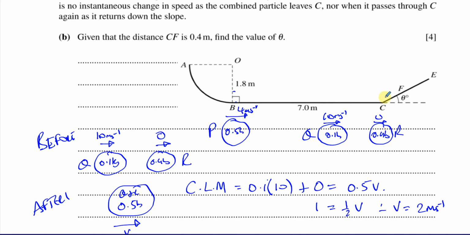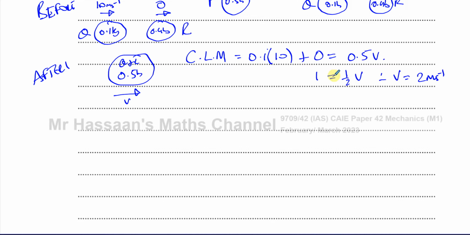And we know that the distance CF is 0.4 meters. So I'm going to make a little diagram here just to make it a bit clearer. We have here the combined particle, which I'll call QR. I know its mass is 0.5. Its speed as it's going up the slope starting at C is 2 meters per second.